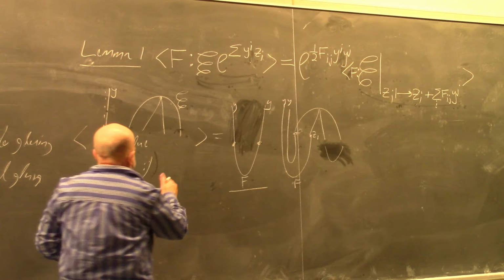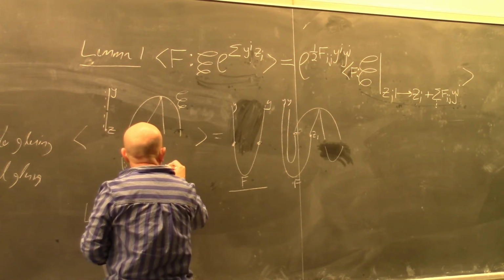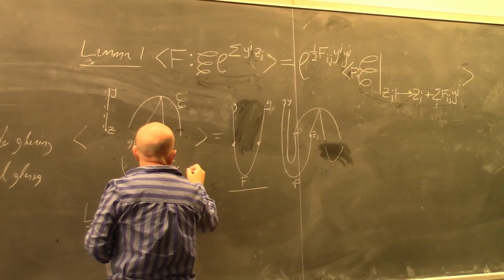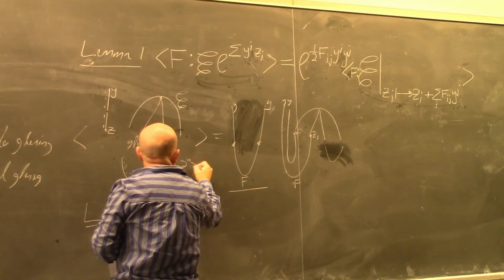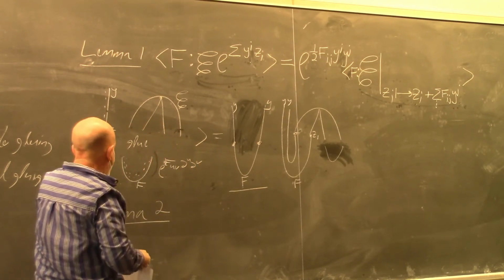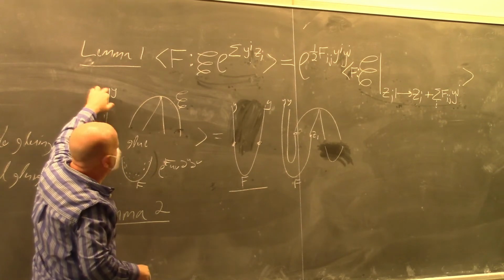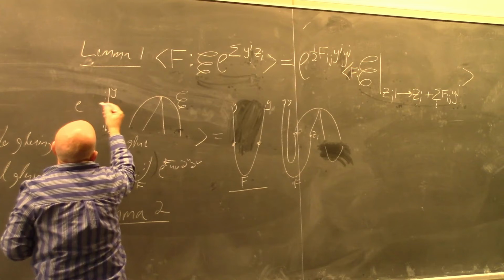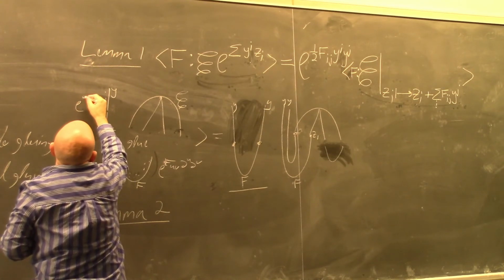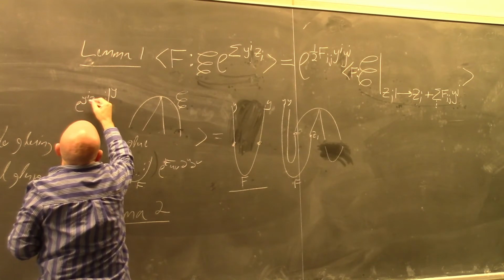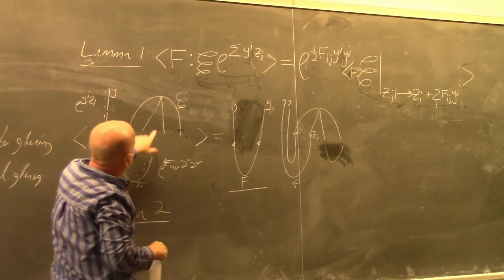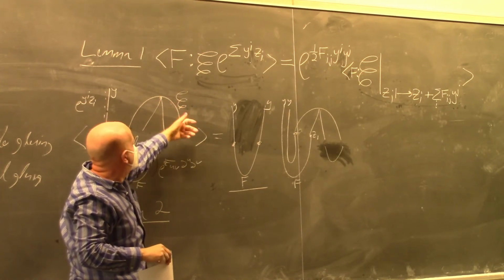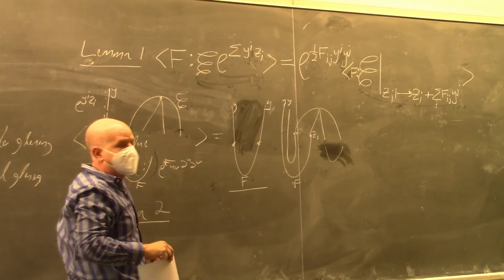So this really stands for e to the f, 1/2 uv du dv, and this is really e to the y_i z_i, and this is some polynomial in the z's. Okay?